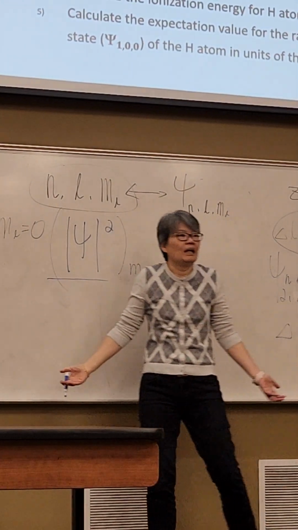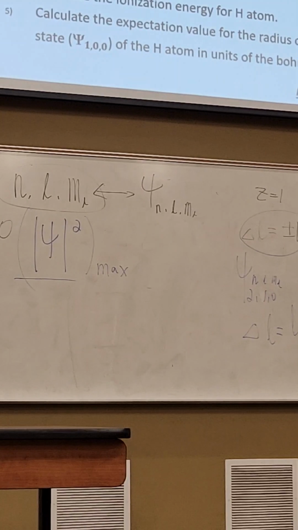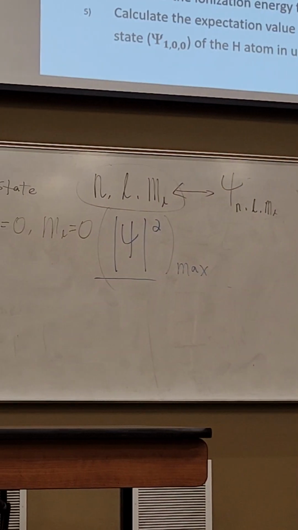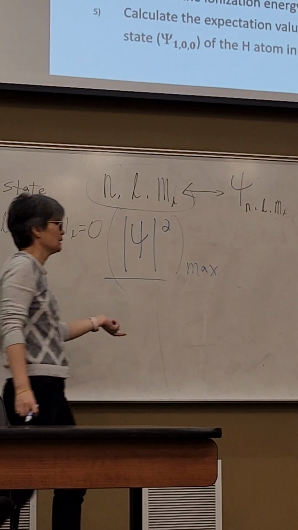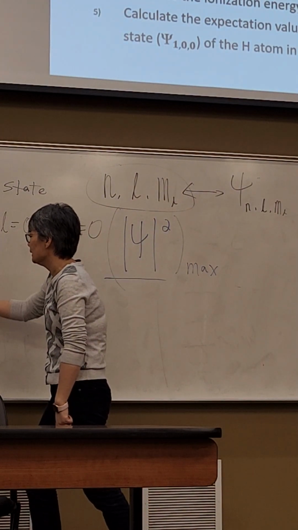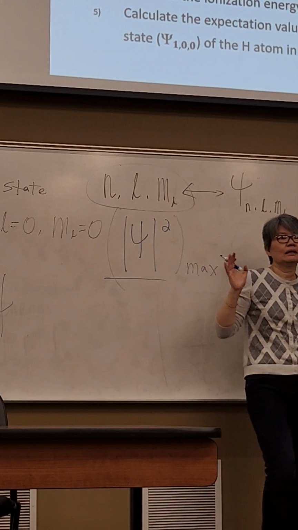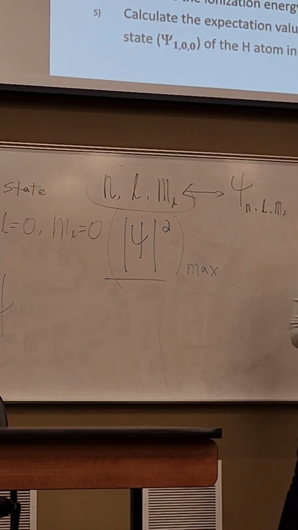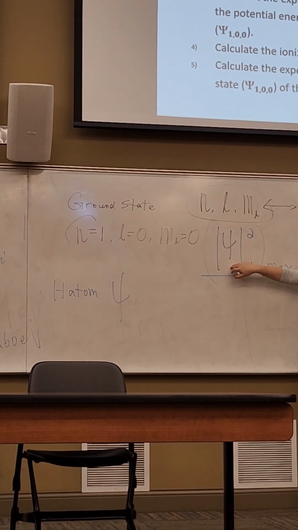If you write this one out, I probably already give you 40% of the points, because that's literally asking you for the probability density and finding the maximum for that probability density. Now we need to look at it. What I'm looking at is the hydrogen atom. So therefore, I need to get the exact expression for that wave function to figure out the probability density.